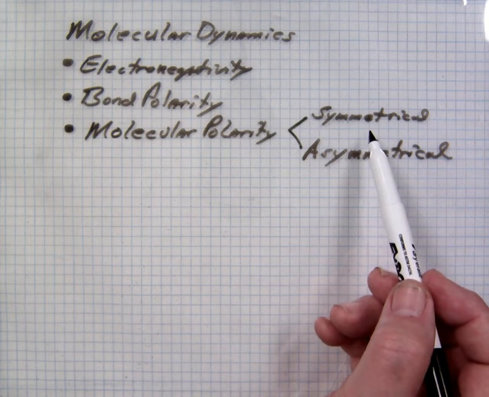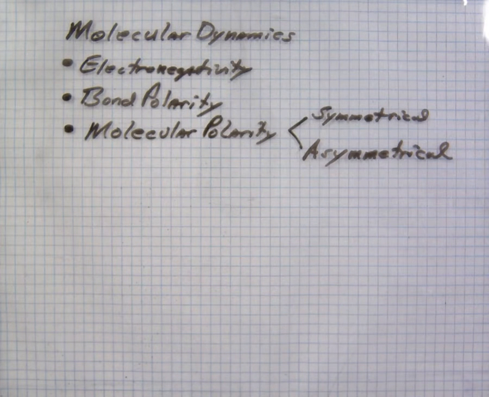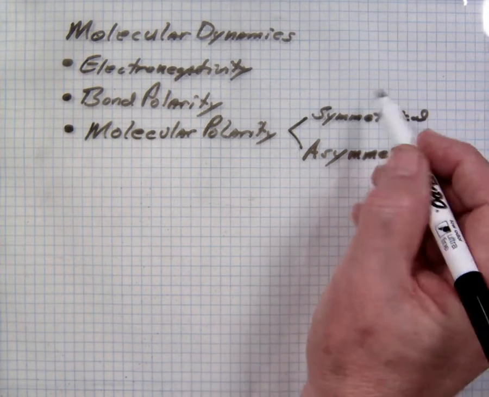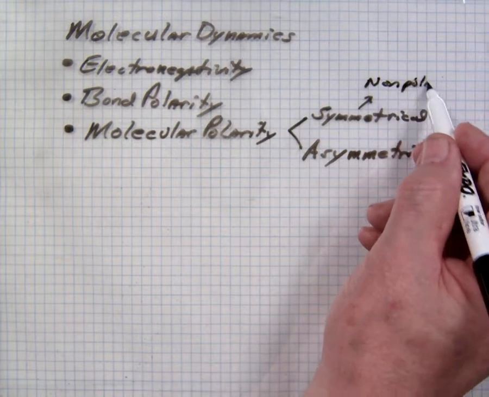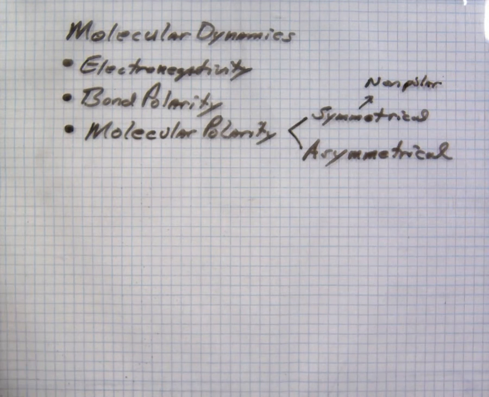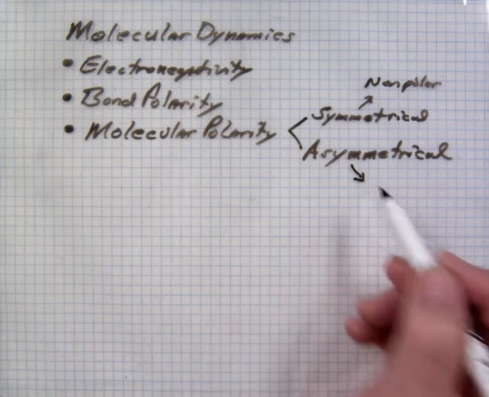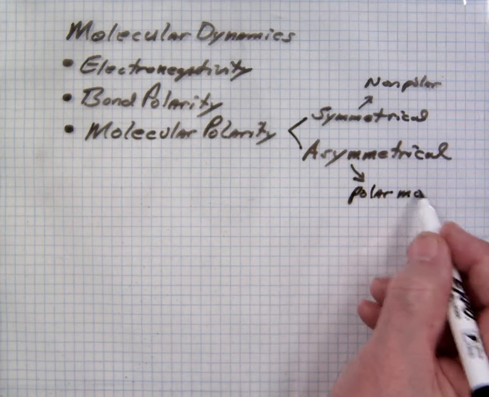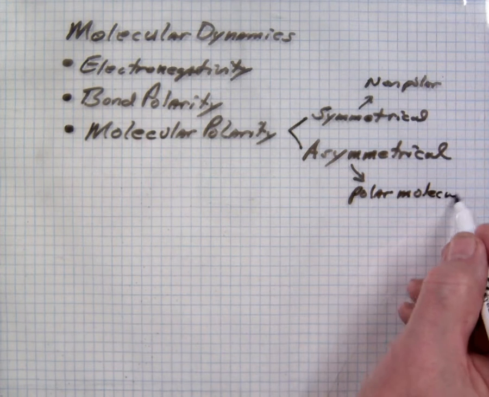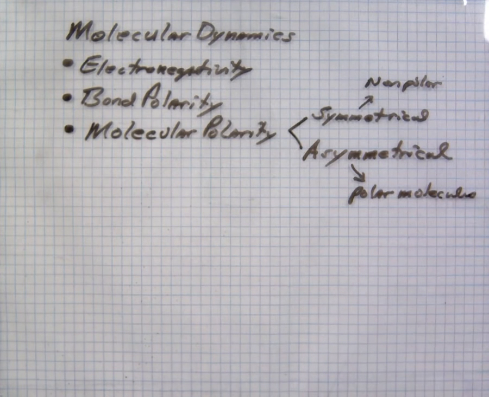And as a result, we have a non-polar system. So symmetrical would be a non-polar system. Whereas asymmetrical means not an even distribution of electron cloud, and asymmetrical distribution leads to polar molecules. And again, we will talk more about that as we move through our study on geometry.